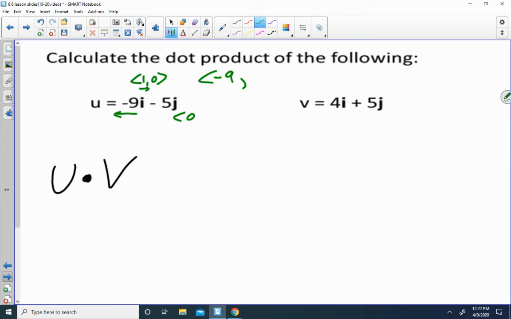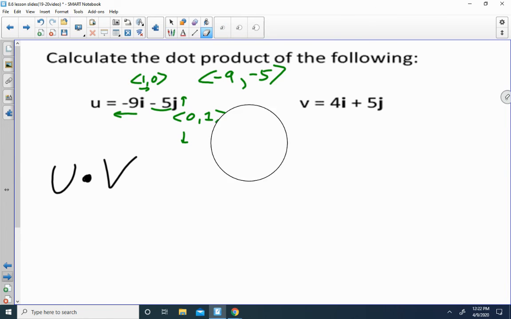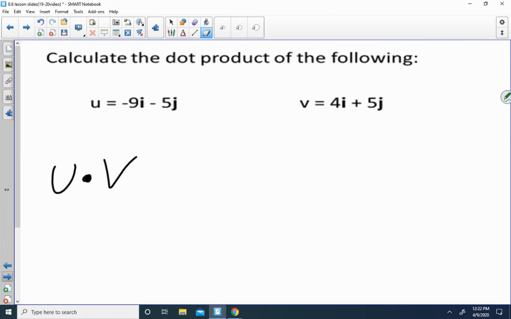The j is the same thing as the unit vector 0, 1, which is 1 unit up. But multiplying that by negative 5 makes it go 5 units down. So in other words, the negative 9 and the negative 5 from this is literally the same thing as the component form negative 9, negative 5.